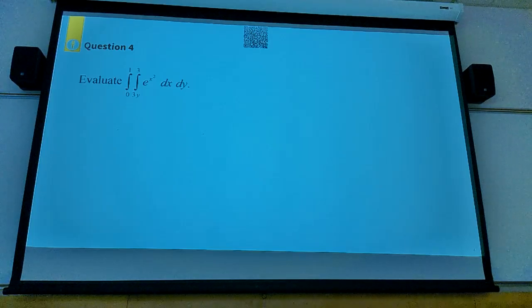Isn't it the natural one? It's like that one. You do X squared over X squared. There is none. E to the x squared does not have an antiderivative.